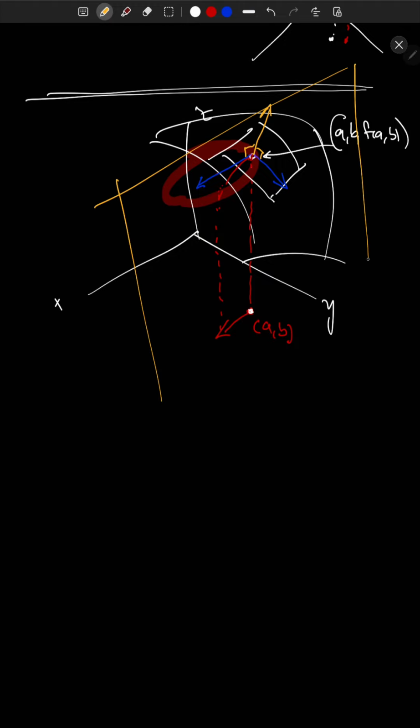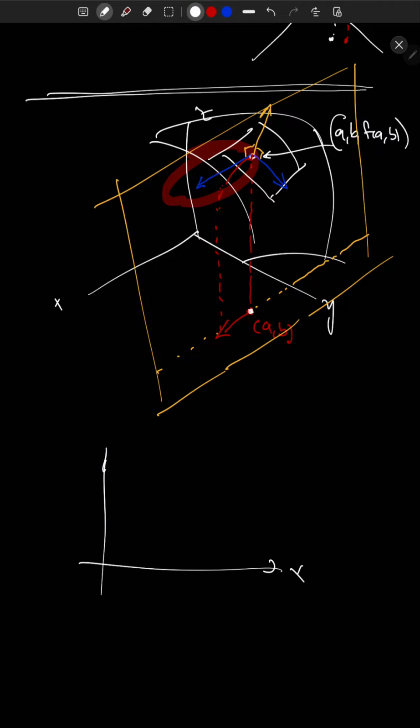We're going to cut this whole picture with a plane that passes through a comma b and is parallel to the xz plane. And so this blue arrow is going to become, let me draw the x and z here. So this is happening at a comma b, in a plane parallel to the xz plane.